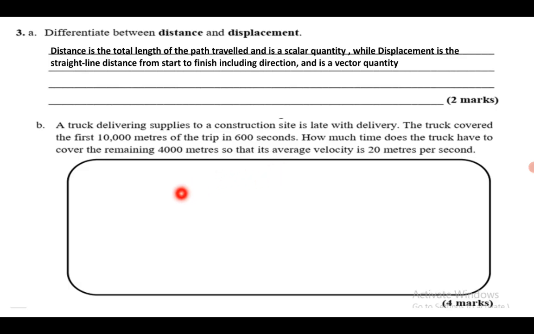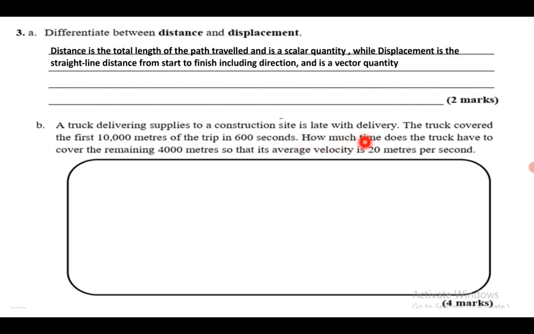Okay, so here we have to be a little bit careful. What are these things? This is distance, and that's time for the first part. So the first part consists of 10,000 meters covered in 600 seconds.